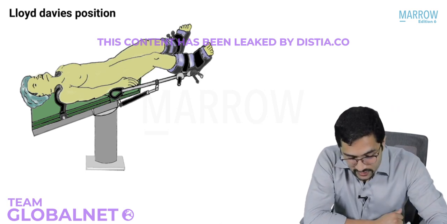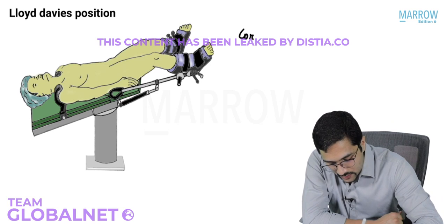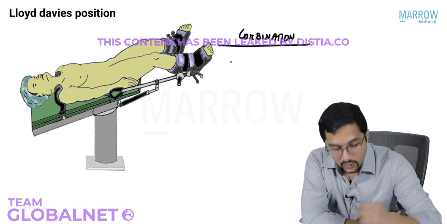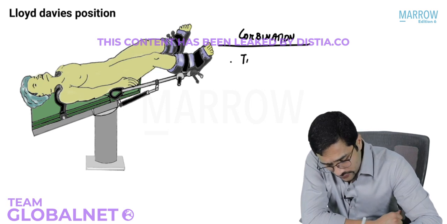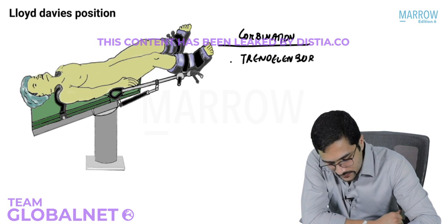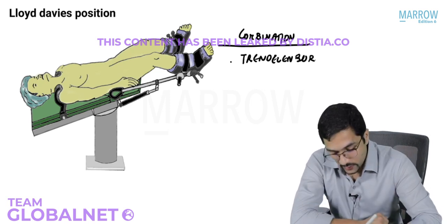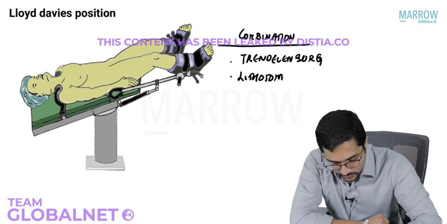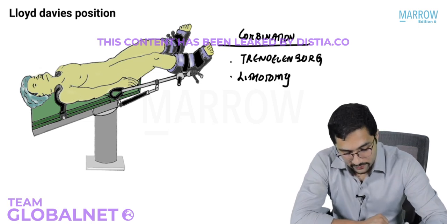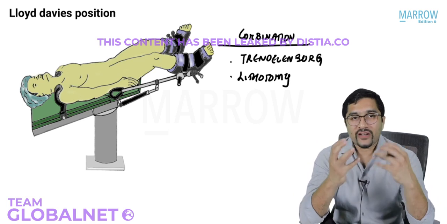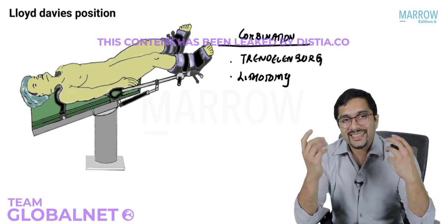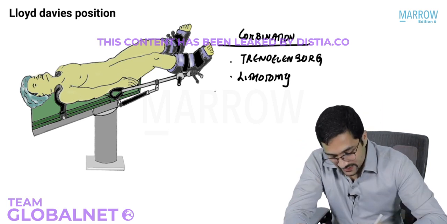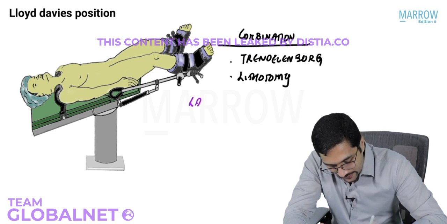Now the Lloyd-Davies position is a combination of Trendelenburg, that means foot end up and head end low, and lithotomy. So Trendelenburg and lithotomy, this is known as the Lloyd-Davies position, and this is used for rectal and anal canal surgery, right? This is mainly used for rectal and anal canal surgery, like LAR.